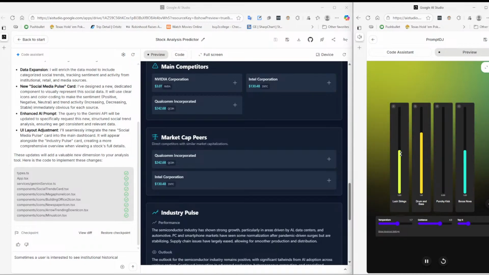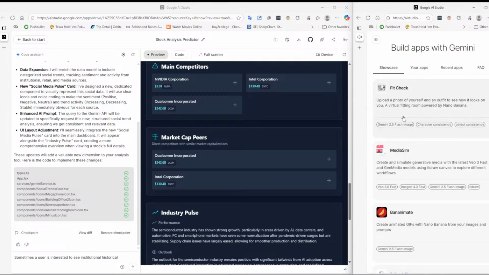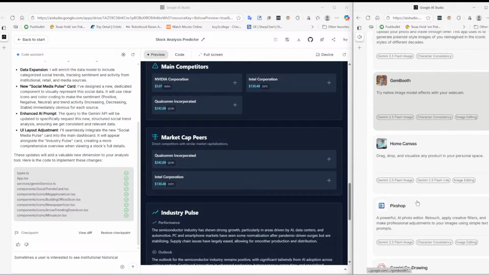We need some drums. Maybe it's too heavy here. Yeah, that's a little too much.